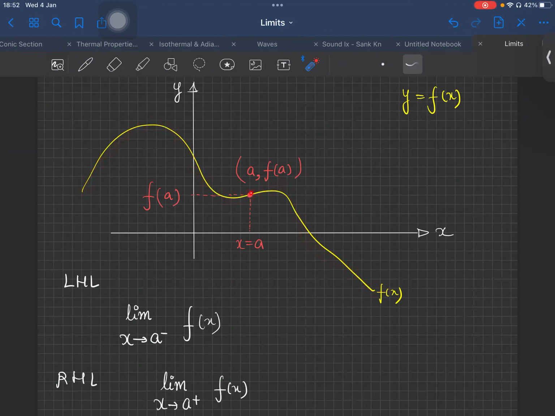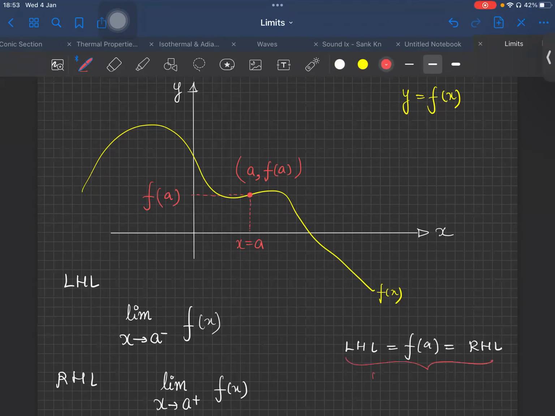There is no discontinuity here. So the left hand limit is equal to the value of the function at that point, f of a, which is equal to the right hand limit. Understood? Then we say the function is continuous.